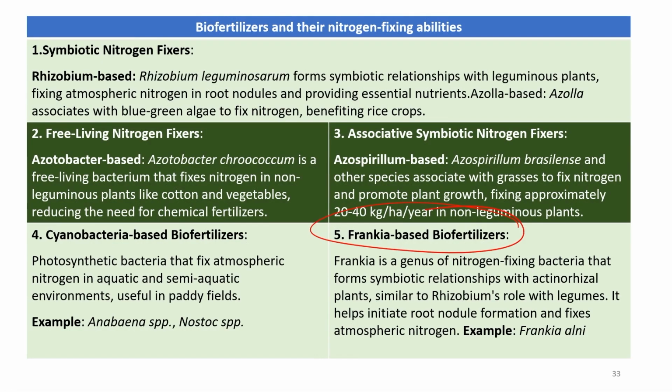In the case of symbiotic nitrogen fixers, microbes like Rhizobium leguminosarum form a symbiotic relationship with leguminous plants and fix atmospheric nitrogen in root nodules and provide the essential nutrients. Then we have the free living nitrogen fixers like Azotobacter chroococcum, which is a free living bacterium that fixes nitrogen in non-leguminous plants like cotton and vegetables, reducing the need for chemical fertilizers.